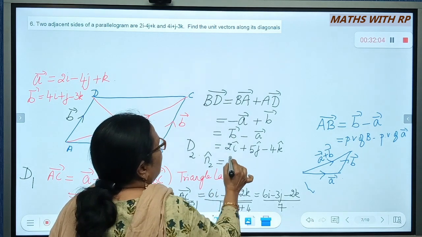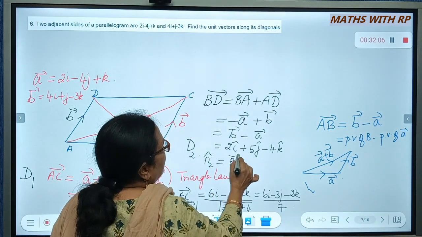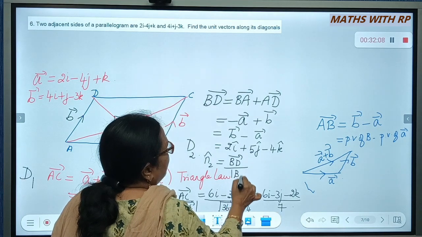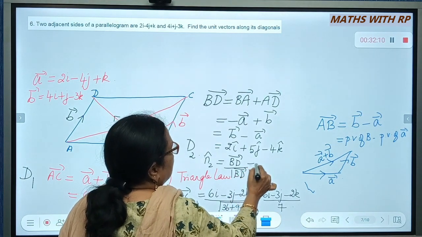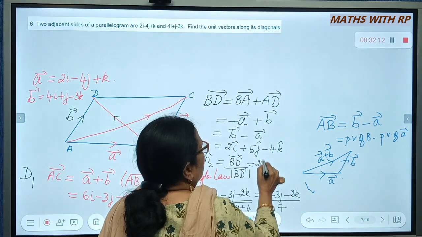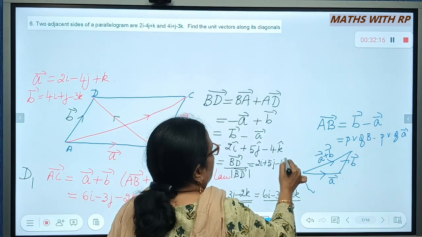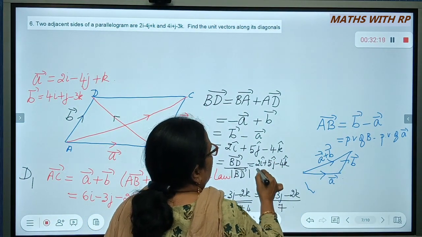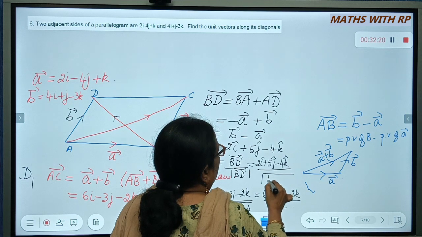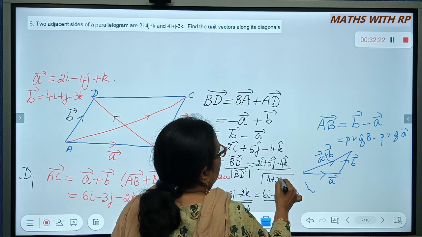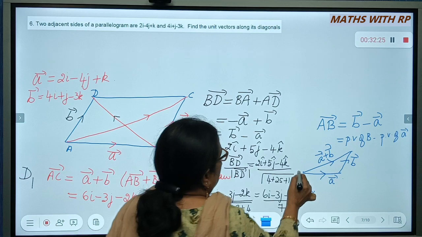N2 vector will be BD vector by modulus of BD vector, which is 2i plus 5j minus 4k divided by root of 4 plus 25 plus 16.